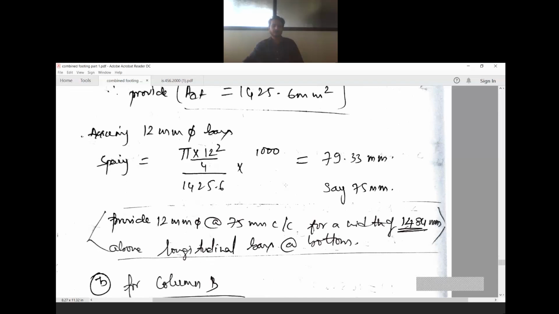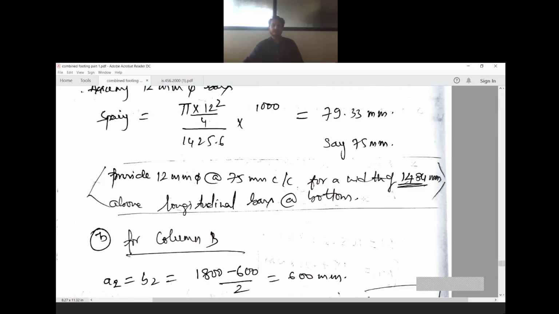Assuming 12 mm diameter, the spacing we can calculate as 79.33. So say 75 mm. So provide 12 mm dia at 75 mm center to center for a width of 1484 mm above longitudinal bars at bottom. This is what you have to mention.